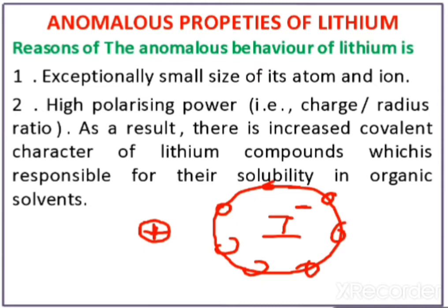Due to the attraction of this positively charged particle, lithium, whose size is very small, the charge on this lithium is very strong. So this positive charge will attract the negatively charged electrons.